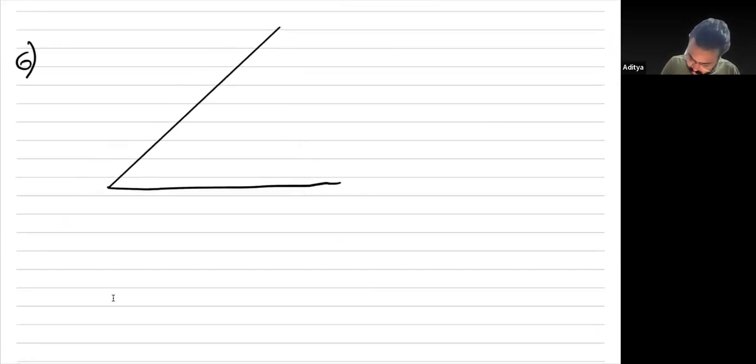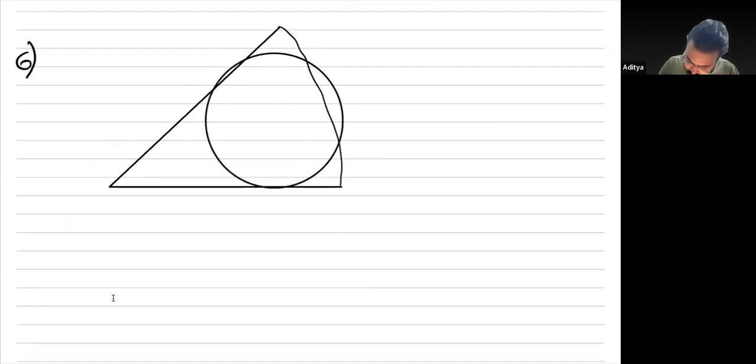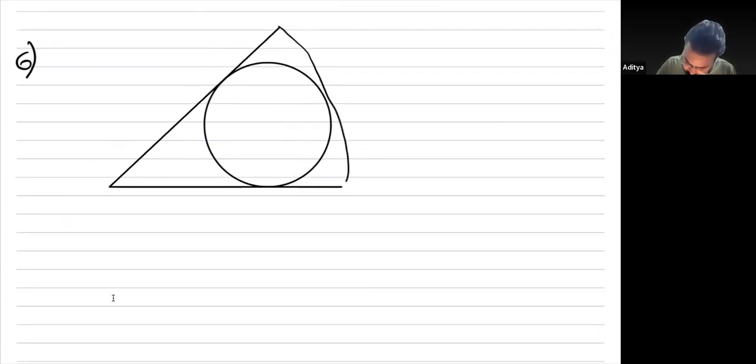In line with the bonus question, try question number 6. Okay, this will be today's final question. Okay. This is a sector.